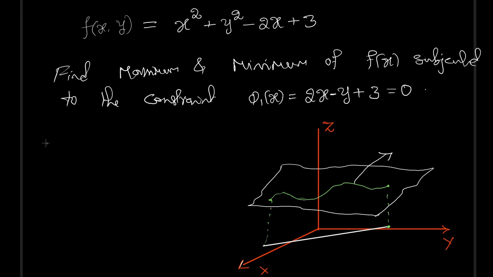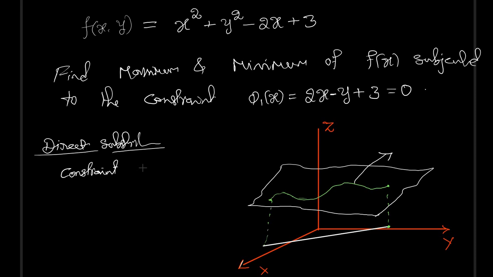So the first one, let me go by direct substitution. So I'm going for the direct substitution to solve this problem. So now what shall we do? First you take the constraint. Our domain is restricted. What is our domain? That is the constraint.